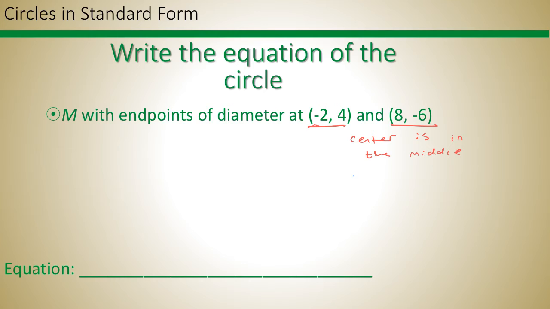I also know that the radius is half of the diameter. So I'm going to need to use the midpoint formula to figure out what the center is. I'm going to use the distance formula to find the diameter and then cut that in half, and that's going to be my radius. Let's work that out.